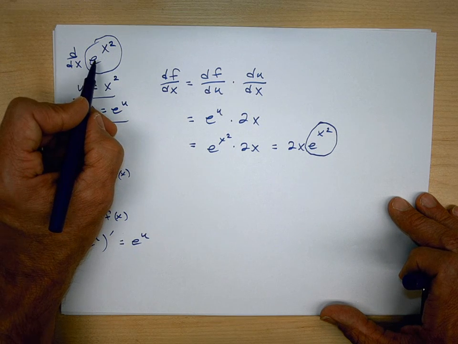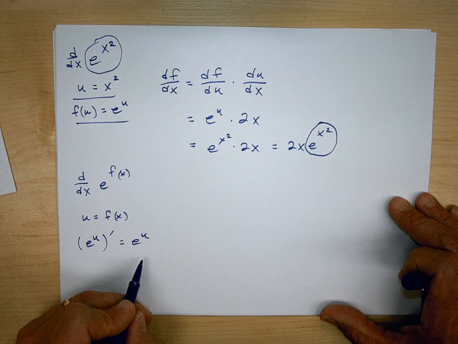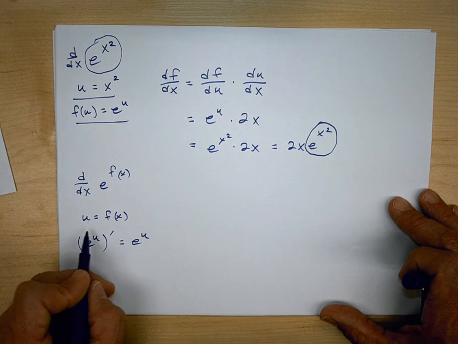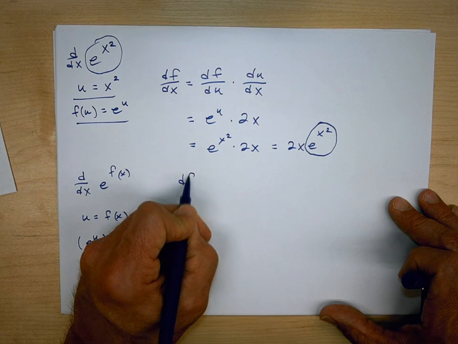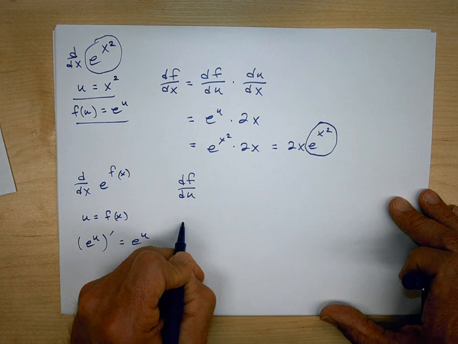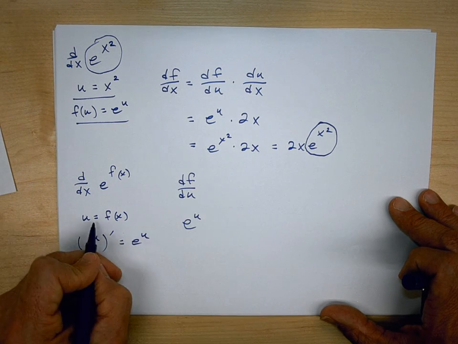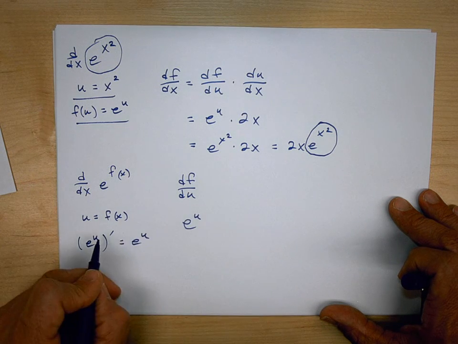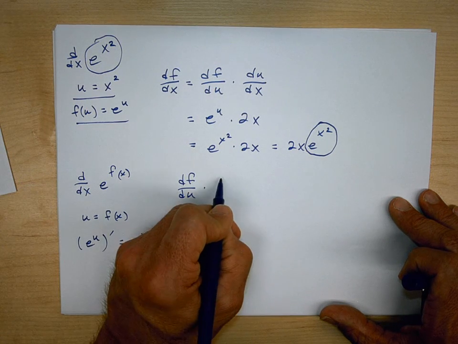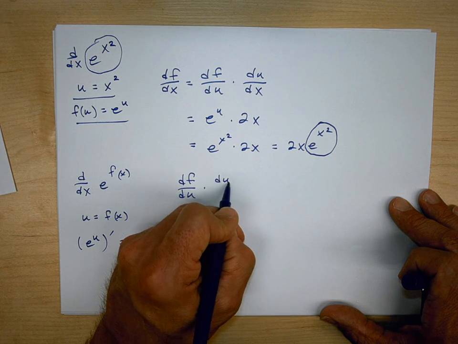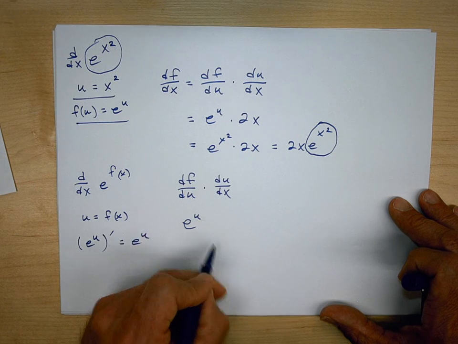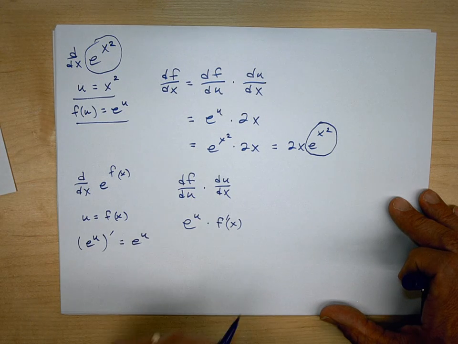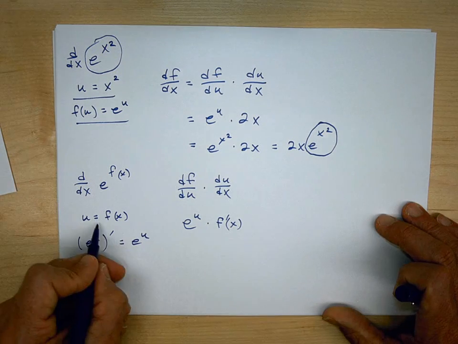The difference is I will also have to multiply by du dx. So df du will still be e to the u, and then du dx is going to be f prime, because that's what u is.